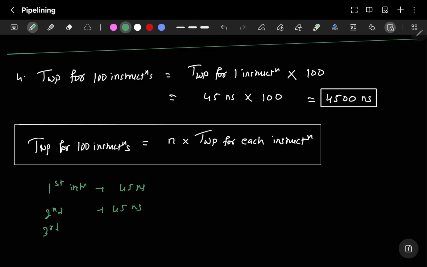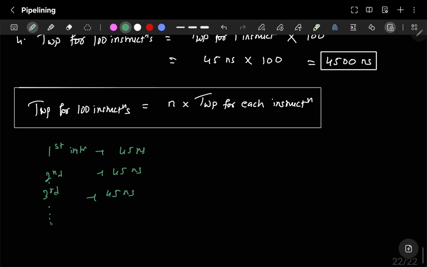For the third it will take 45 nanoseconds. Like this, so on for the 100th instruction. Again, what would be the time taken? It would be 100 into 45, right? So that is what I did here. Okay, fine. Hope you understood.